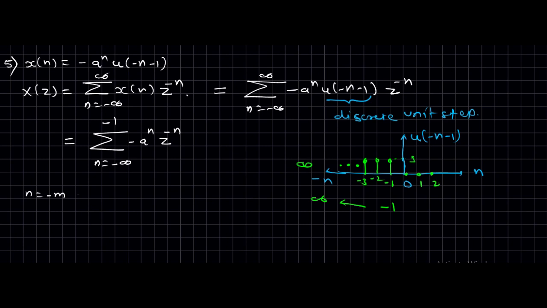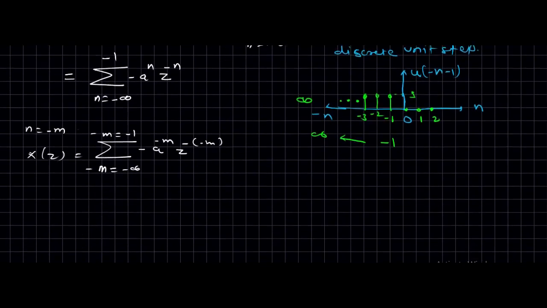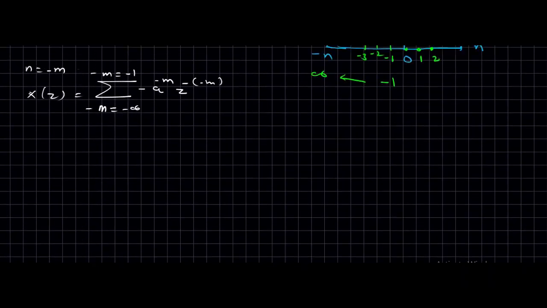To simplify this, let us substitute n equal to minus m. So x of z is equal to the sum over m, with n equal to minus infinity to minus 1 becoming m from infinity to 1, of minus a raised to minus m and z raised to minus of minus m. Very simple substitution.